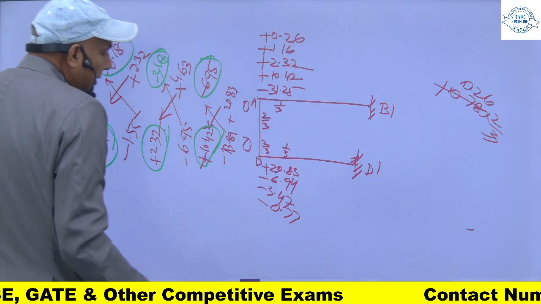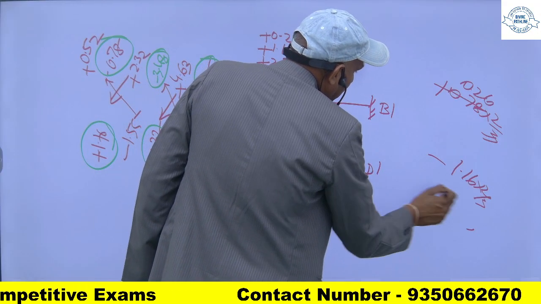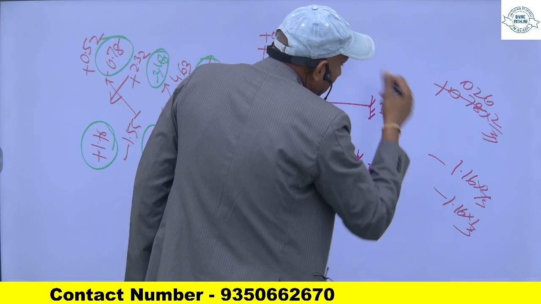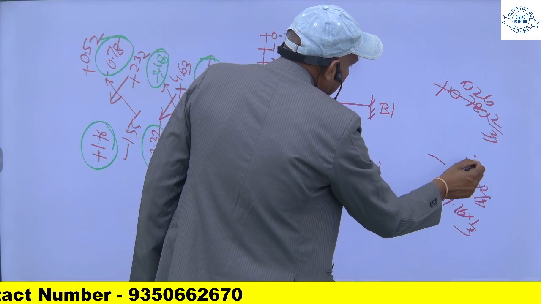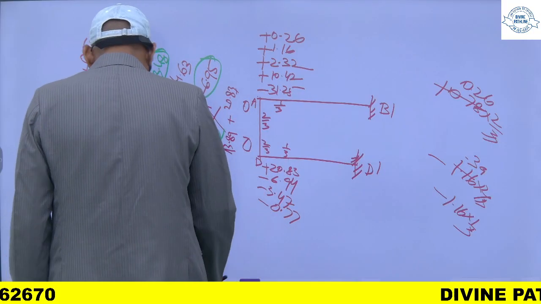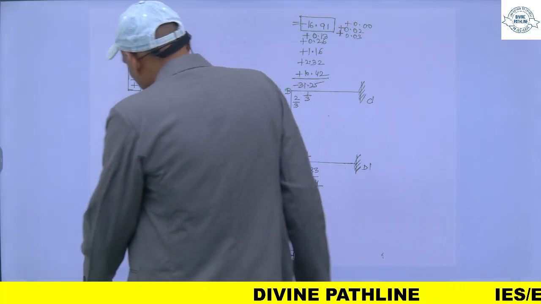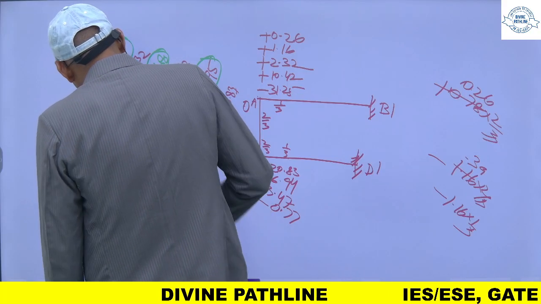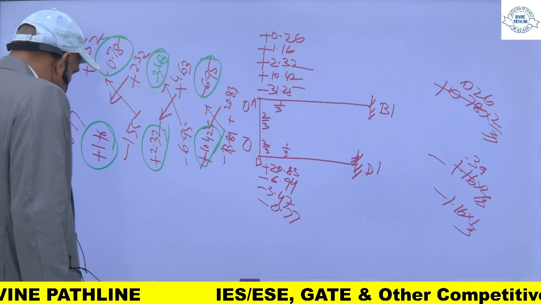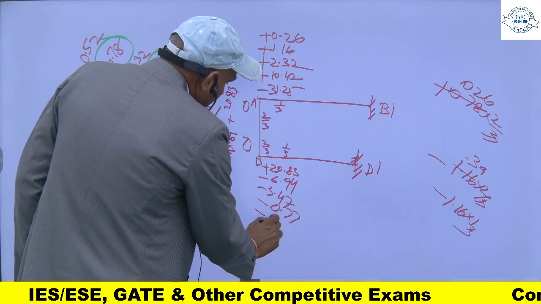Similarly, for this member, I will apply a correcting moment of this into 2 by 3 and 1 by 3. So this will be slightly 0.78 something. So this will be 0.77, and this is minus, and this one will be minus 0.39.